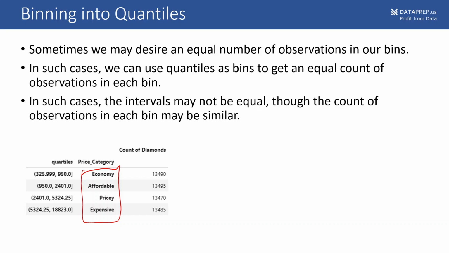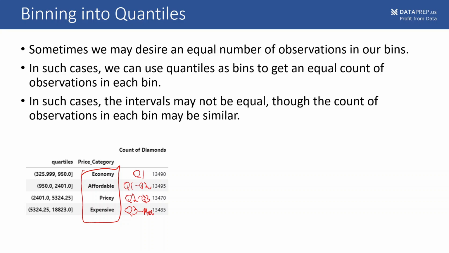So take all the data in the first quartile and put it in economy. Take all the data from the first quartile to the second quartile and put it here. Take the second quartile to the third quartile and put it in the pricey bucket, and everything from quartile 3 onwards to the max, put it in the fourth bucket, the expensive bucket.